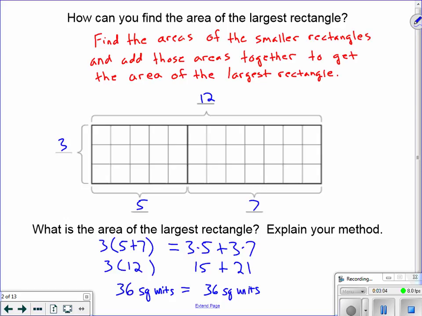Now to explain your method, I'm just going to explain what I did on the left side here, because what I did on the right side is really what we explained on the top question there. So on the left side, what we did is we added 5 plus 7 to get 12, and we multiplied that by 3.